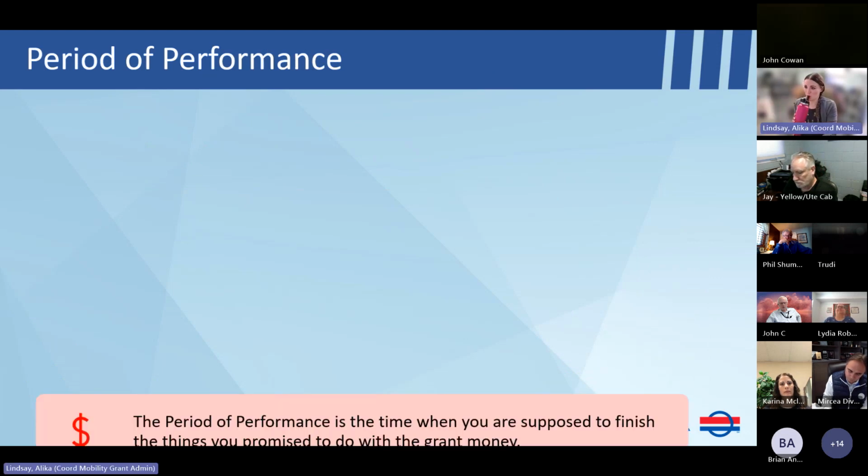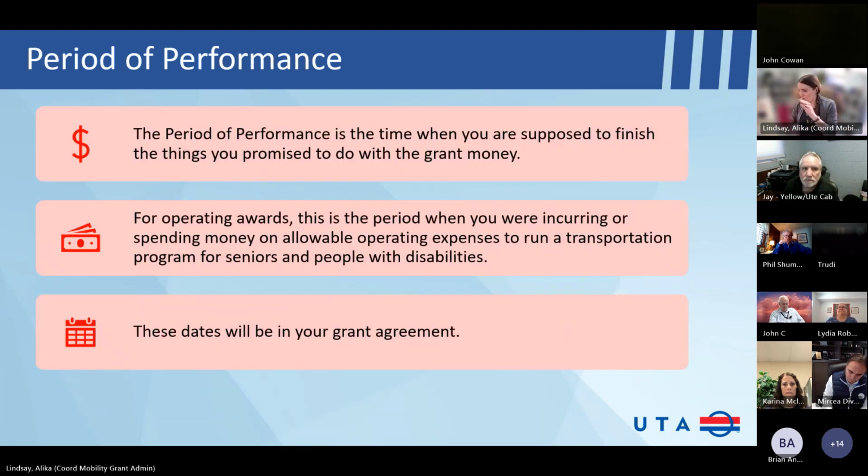Okay. Period of performance. Period of performance is the timeline when you're supposed to finish the things you promised to do with the grant money. So incurring the costs on the expenses of operating your transportation program, if we're talking about operating assistance.